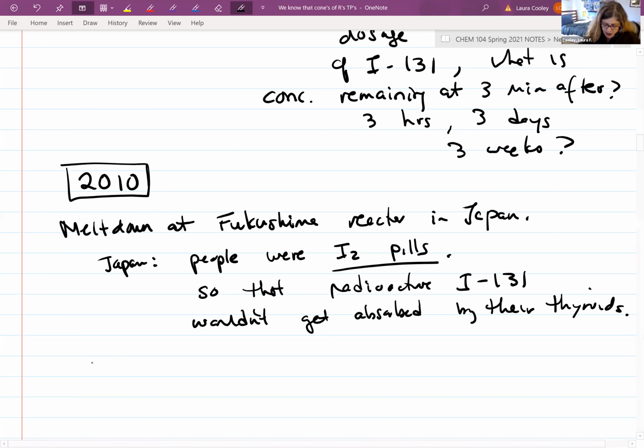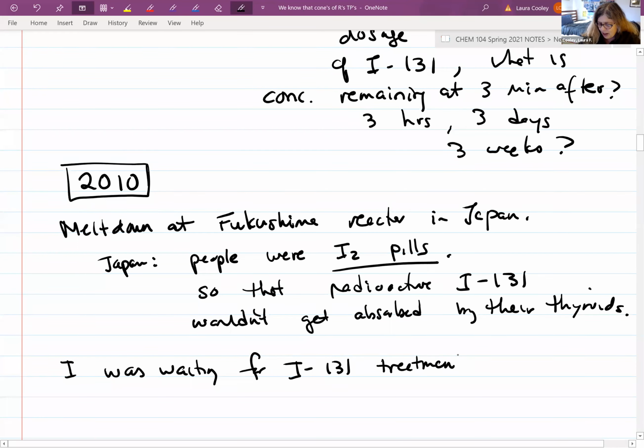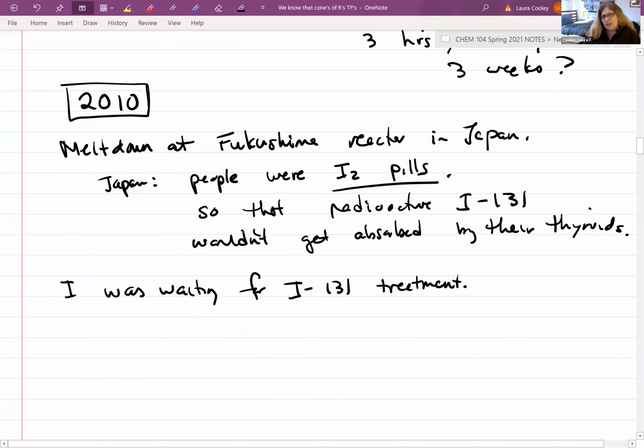Meanwhile, I was waiting for my radioactive iodine treatment. And with the radioactive iodine treatment, you have to go on a low iodine diet. Why?